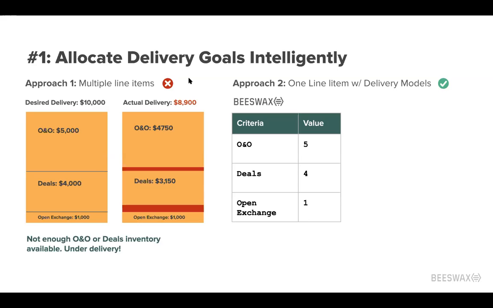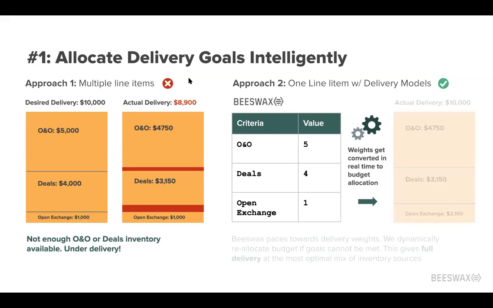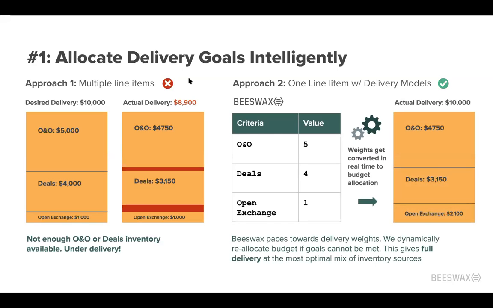So you've told us how you want to distribute that $10,000 budget. We'll convert those values into target percentages. I'll go through an example later, but we would convert that into 50%, 40%, and 10%. And then our system would pace towards that target budget.